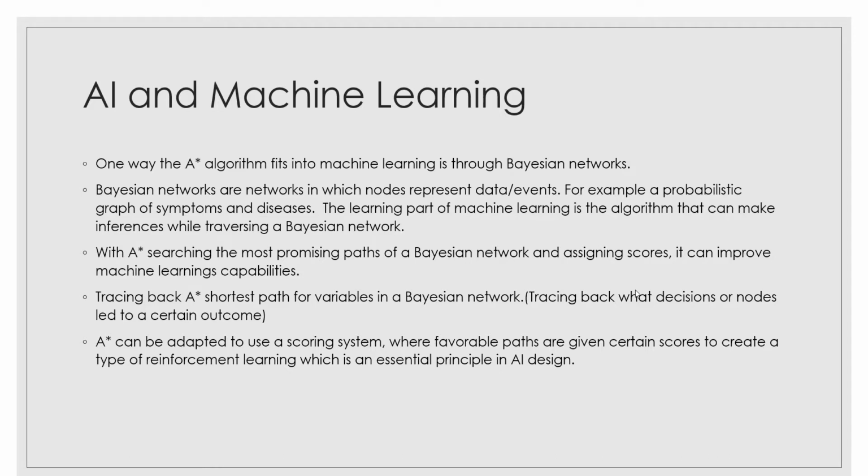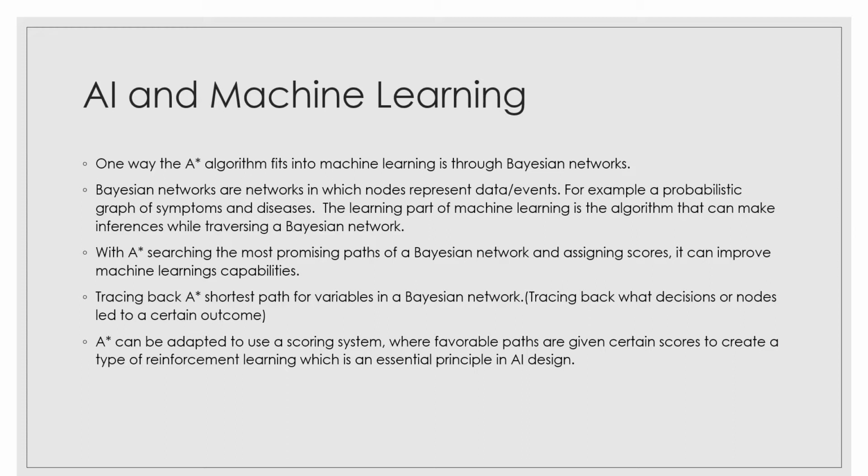An example of a probabilistic Bayesian network would be a graph of symptoms and diseases. Different symptom paths would lead to certain diseases, and the learning part of machine learning is that the algorithm can make different inferences based on the variable nodes when moving through the Bayesian network.